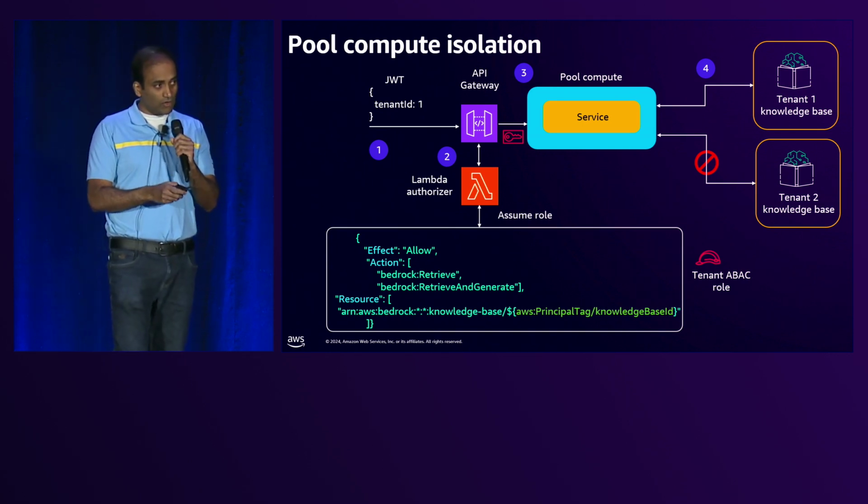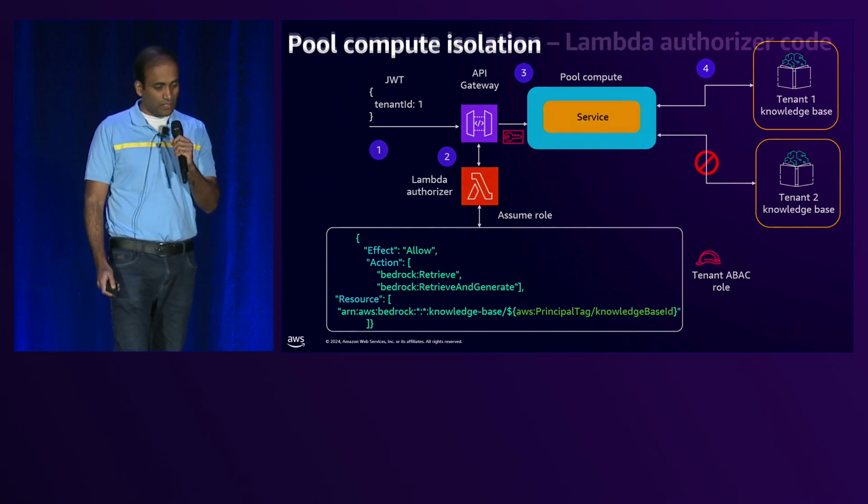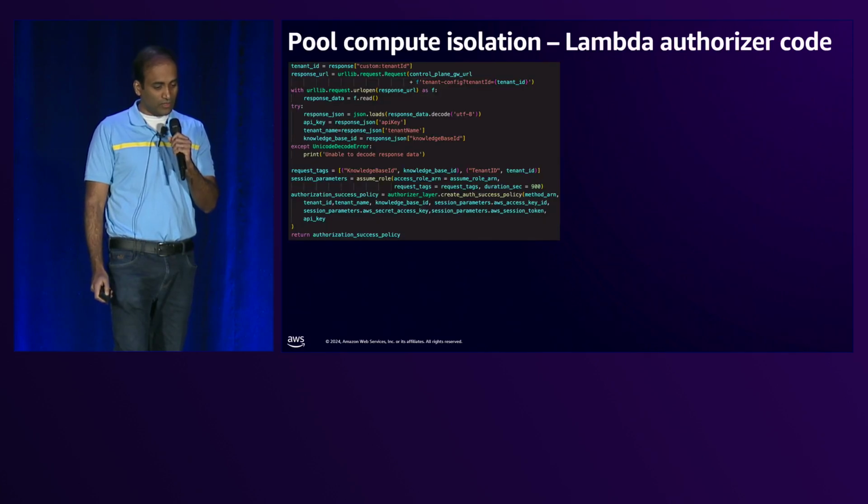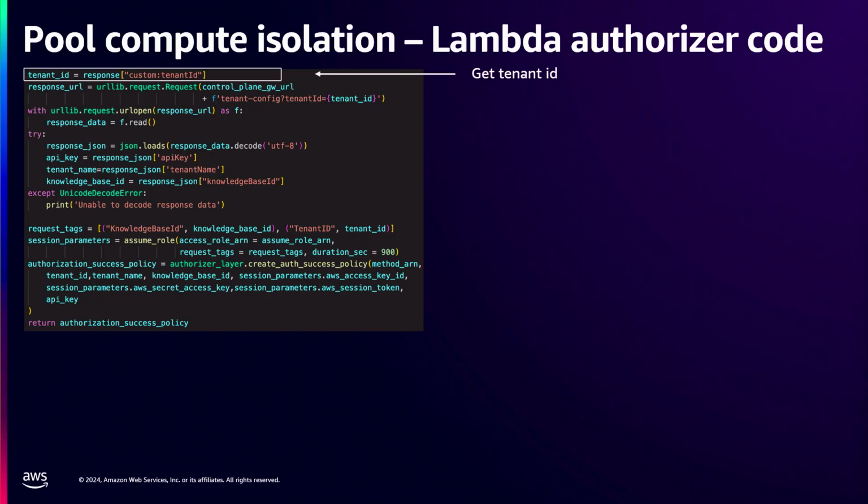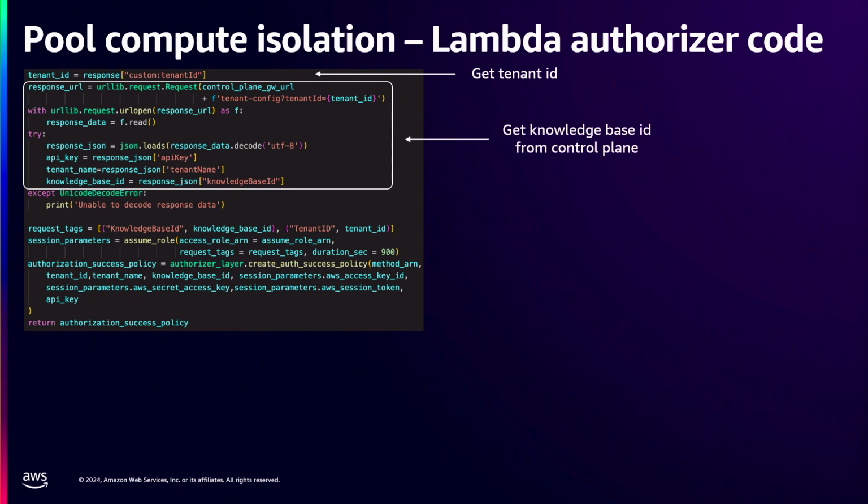Now, let's double-click on the Lambda authorizer code, and also we'll look at the service code to understand this in a bit more detail. So if you look at the Lambda authorizer code, the first thing the Lambda authorizer does is it validates the JWT token. From the JWT token, it gets the tenant ID, and then taking the tenant ID, it makes an API call to the control plane to get the knowledge base ID.